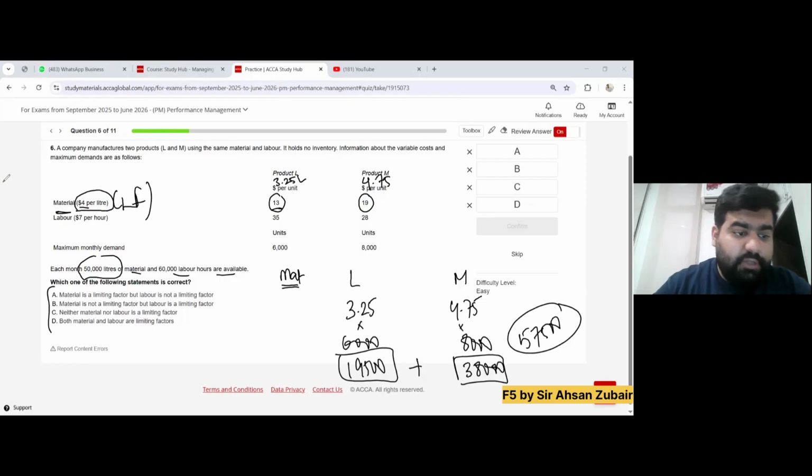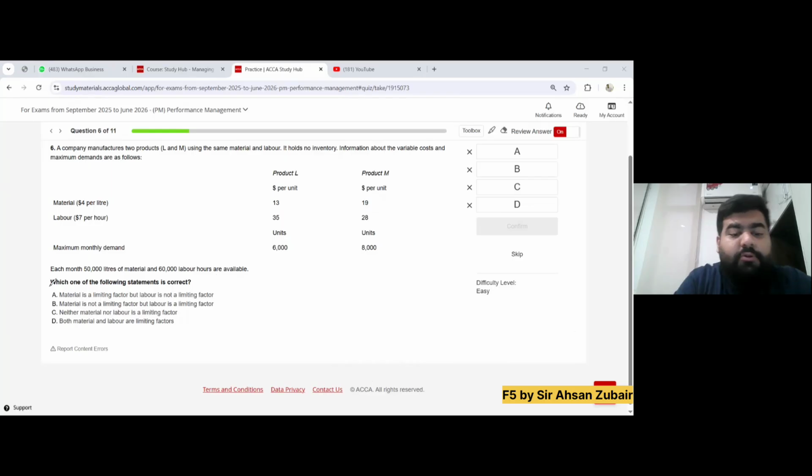Now let us see for the labor as well. Now we'll do it for labor. So for labor, it's 35 total cost per unit, and 1 hour costs you 7. So 35 divided by 7, 5; 28 divided by 7, 4. It means L requires 5 hours of labor and M requires 4 hours. Multiply with the relevant units, 6,000 and 8,000.